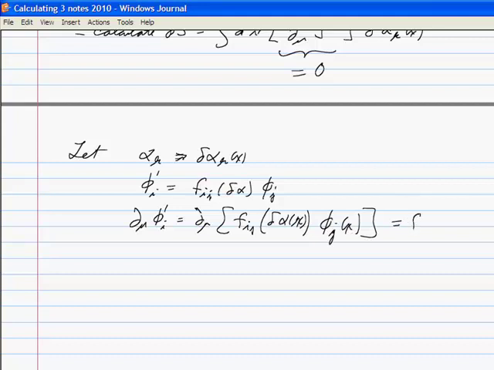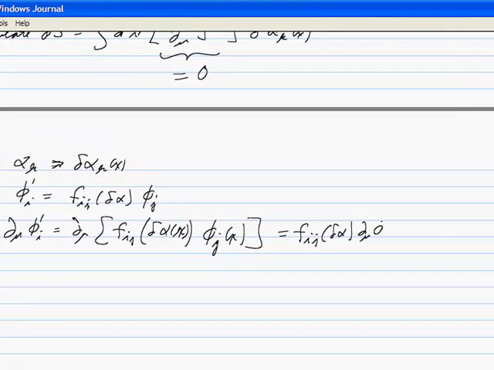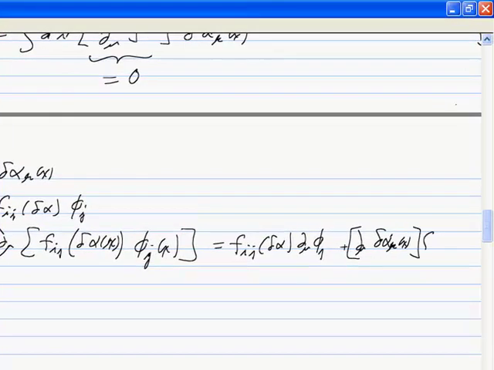There's the f of delta alpha d mu phi j. That's the usual piece that you'd expect if I hadn't made this infinitesimal. And then there's a piece that's the derivative of delta alpha k, and I'll just write it as f prime.